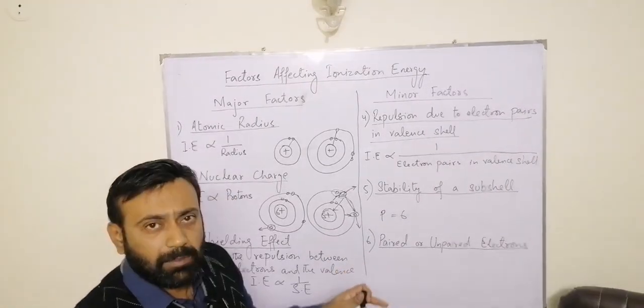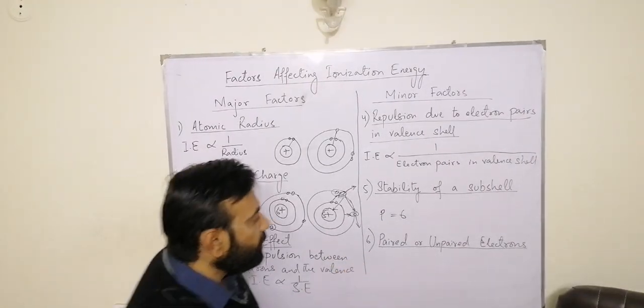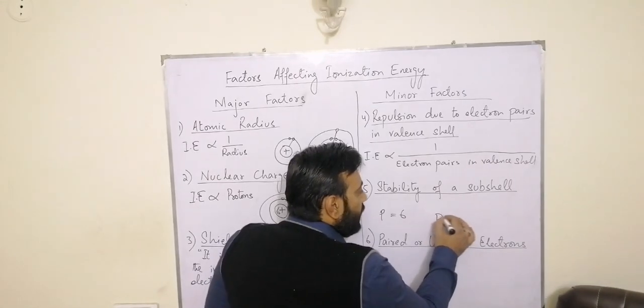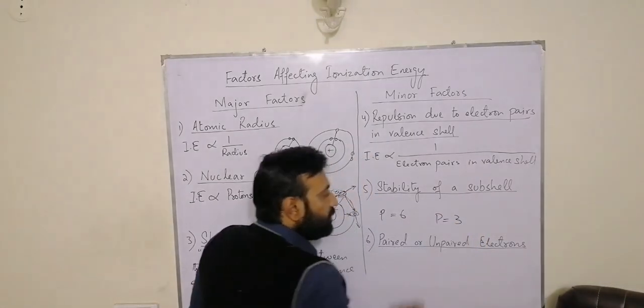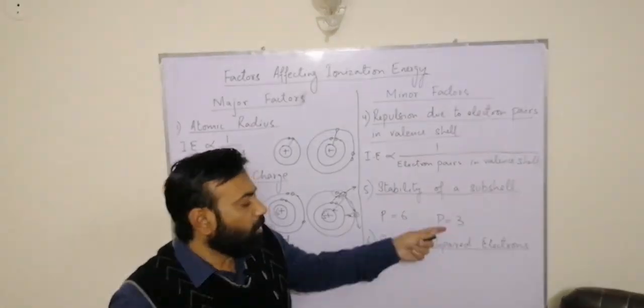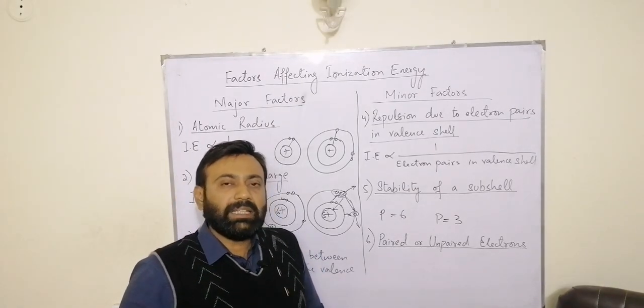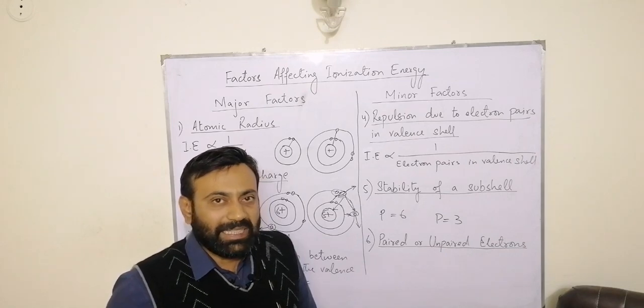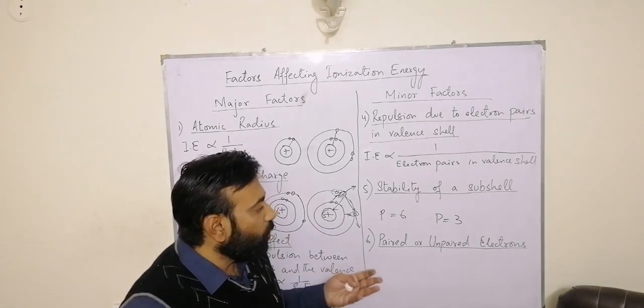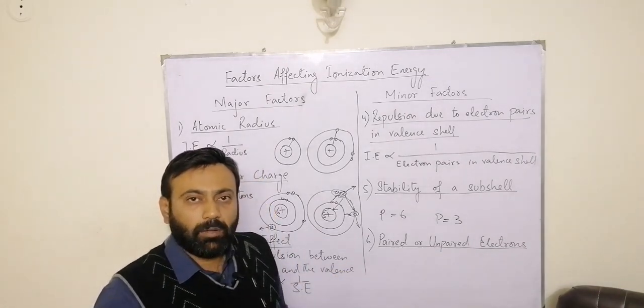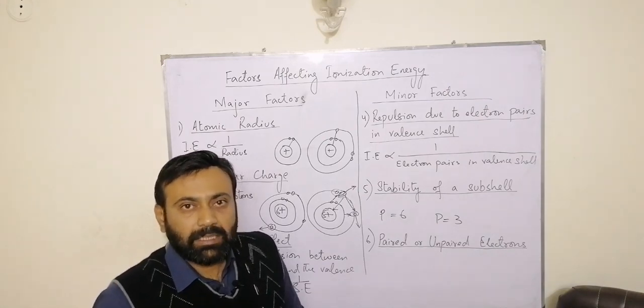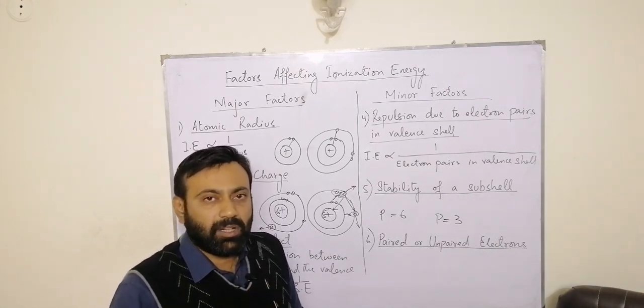So it will increase the amount of ionization energy. The other form in which it is stable is if the p subshell contains 3 electrons, because that way it is half filled, and when a subshell is half filled, it is partially stable, not completely stable but partially stable. So in order to remove an electron from a partially stable subshell, again we will have to give it some extra amount of energy.